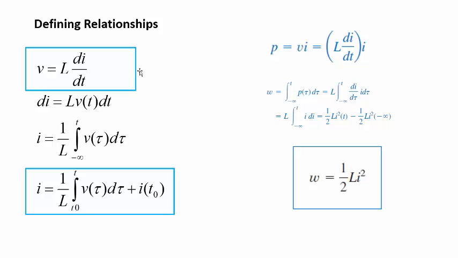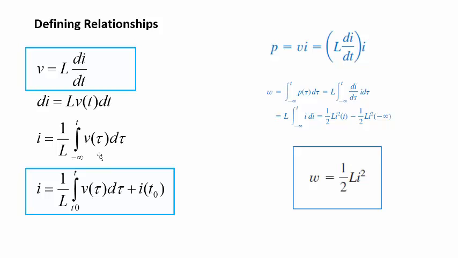So back to our defining relationships for an inductor. We had V equals L di/dt. If I rearrange the terms, I get the next line in my equation, which, since I have a di on the left and a dt on the right, I can integrate. So I will integrate both sides of the equation. So I will get I on the left, and I'll get this integral equation on the right.